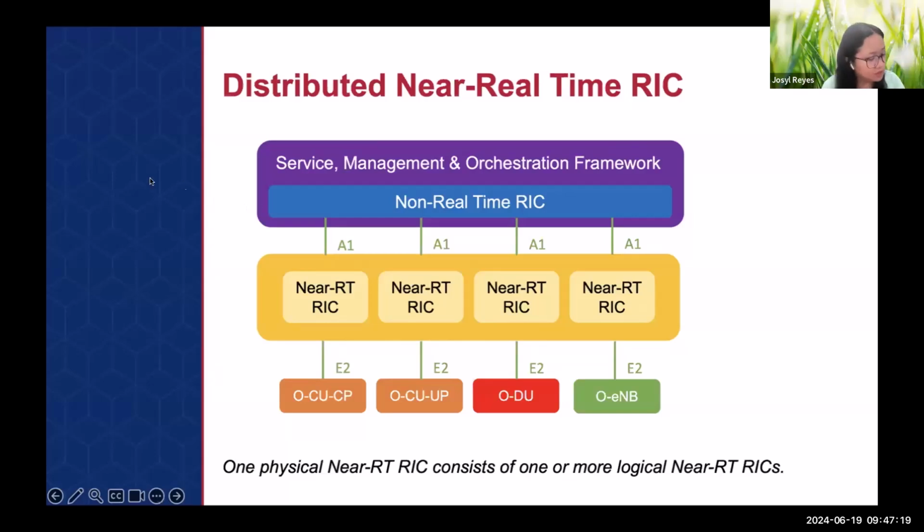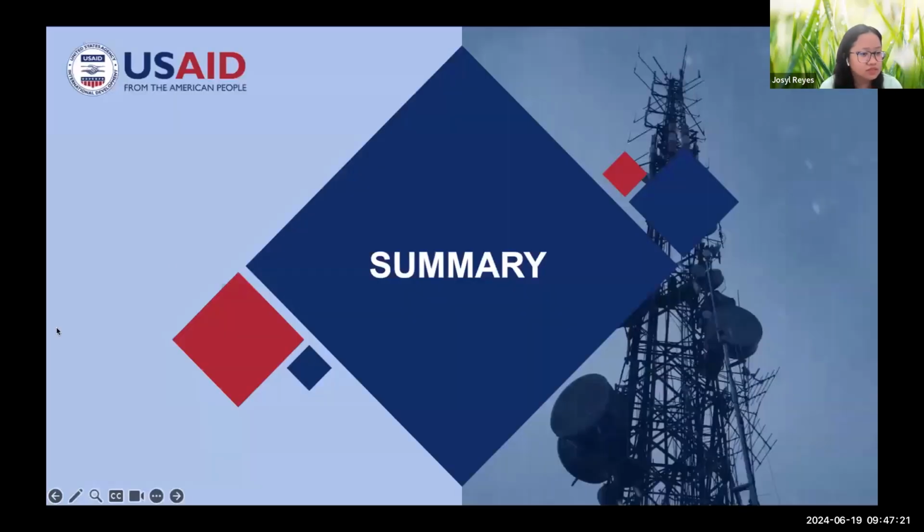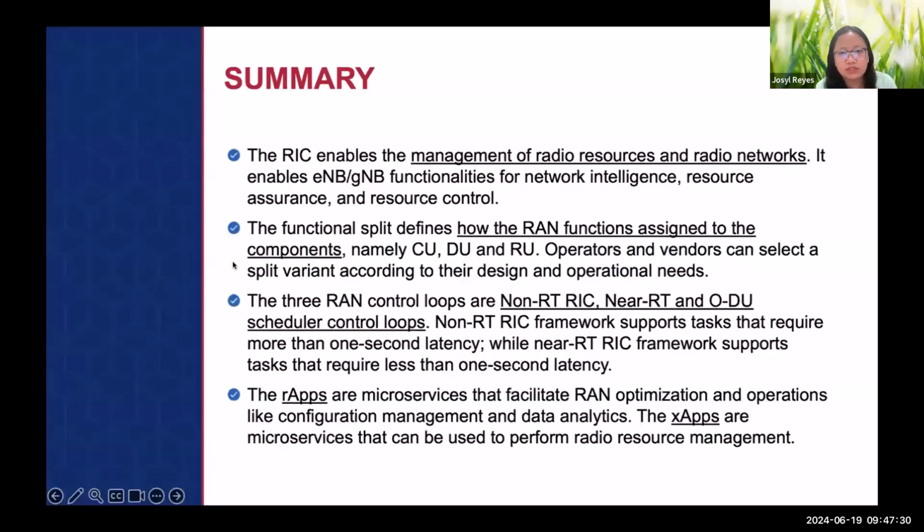Ayan. Okay, so to summarize, since it's almost time and we also have announcements pa ata. So to summarize, in this course, I hope you have learned a lot about the RAN Intelligent Controller. Essentially, just by its name, the purpose of this is to manage and control the radio resources and radio networks.